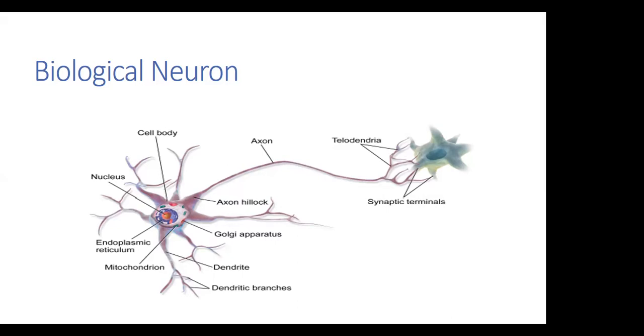And if a neuron receives sufficient neurotransmitters in a few milliseconds, it can fire and produce its own signals to communicate with other neurons. We study the biological neuron because it is similar to the artificial neural network.